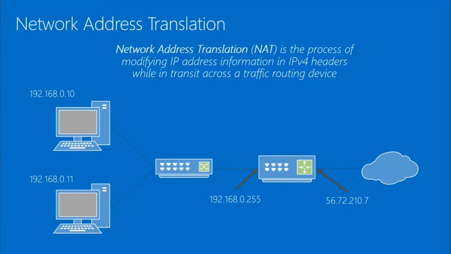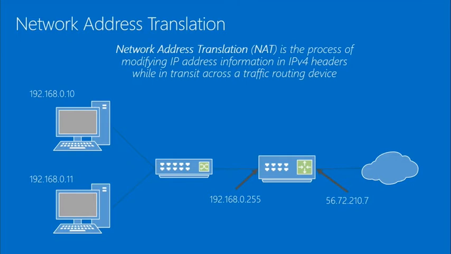Okay, so network address translation, if you look at the slide here, as we said, it's the process of giving addresses or modifying addresses from one system to another. You see we have some devices here, 10, 11. We have a hub or possibly a switch to allow those to intercommunicate with each other.